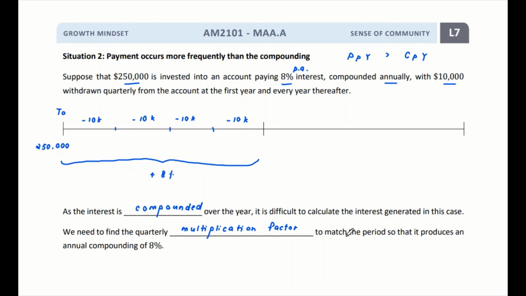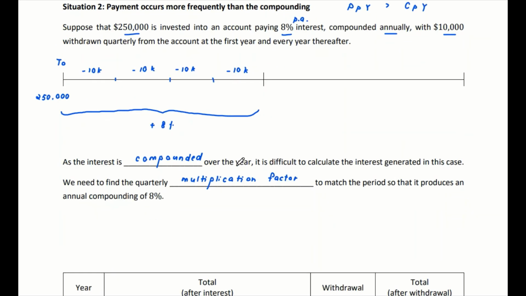So we want to match the period so that at the end of the day, it produces an annual compounding of 8%. Okay, so you can imagine normally what we try to do is we use 250,000 multiply 1.08, you get this number, right? So we want to find out what is the amount that we should multiply for 1, 2, 3, 4, because that's where the value in our account changes, right?